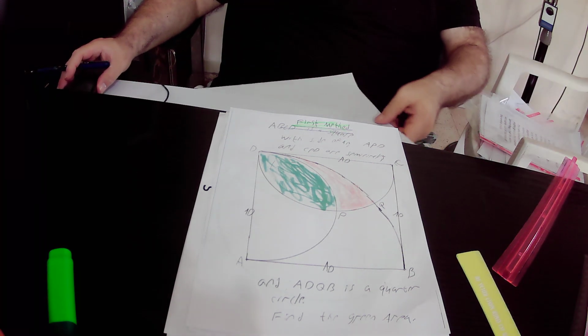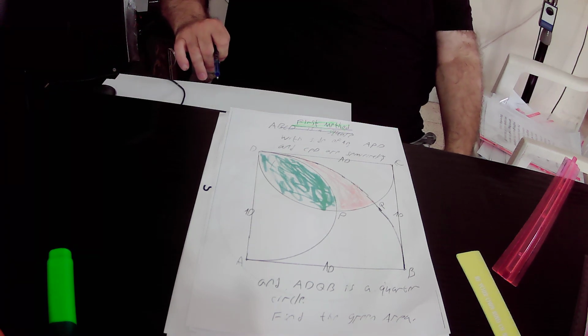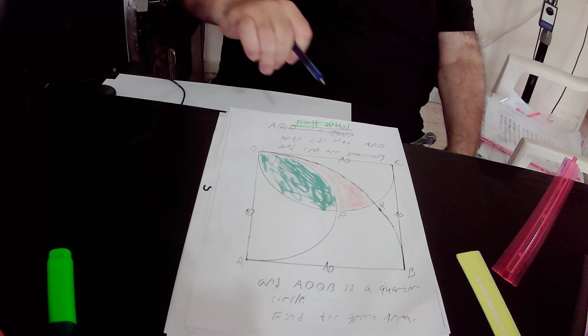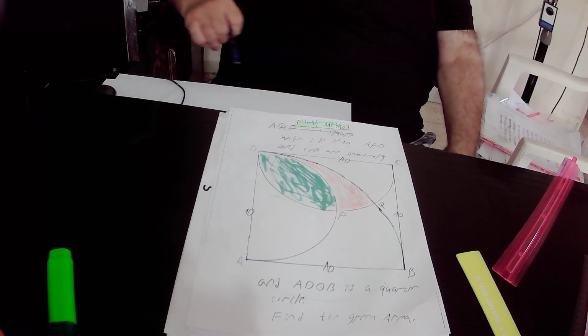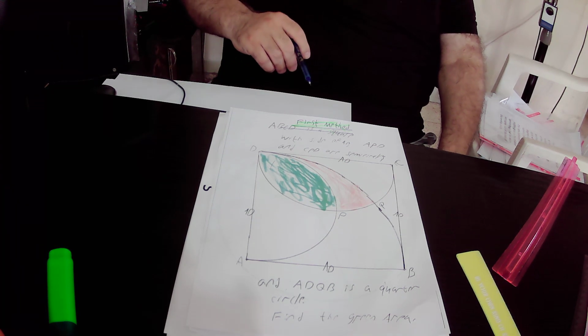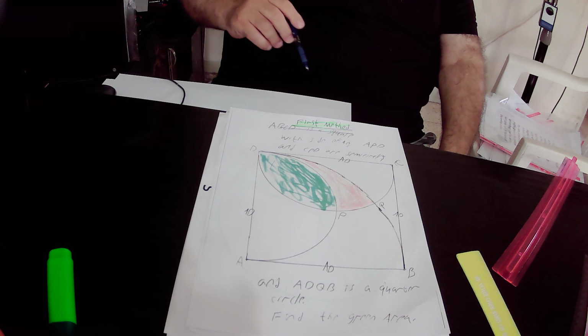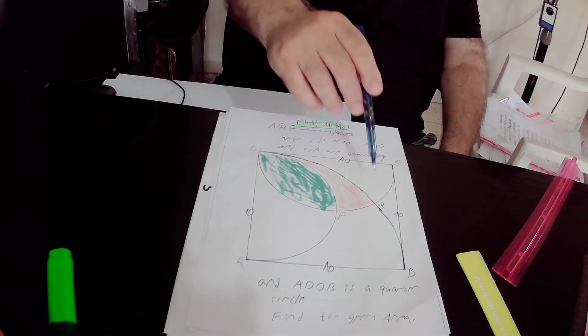So I will present to you two different methods to find out the area of this orange shape. In the first method, we create a general formula that gives us the area of any lens, and then we'll use the general formula in order to find out the area of the blue lens.